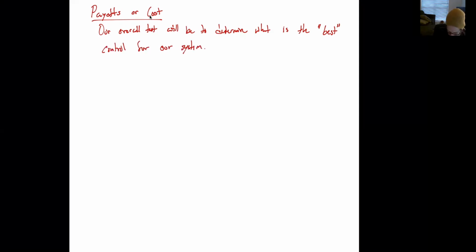And to do this, we need to specify a payoff criterion, which we call the payoff function. All right, so we're going to call this P of alpha.